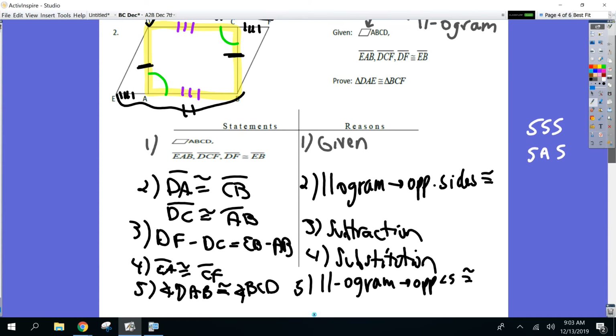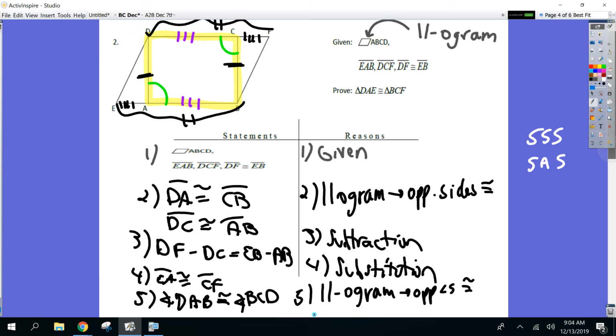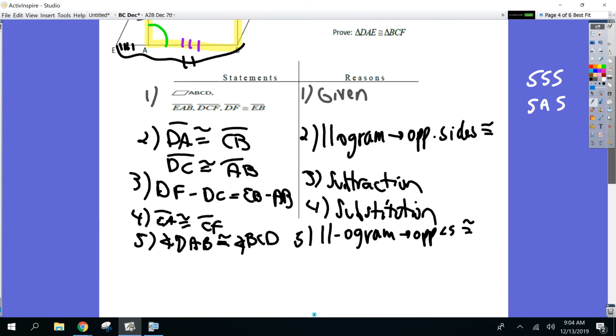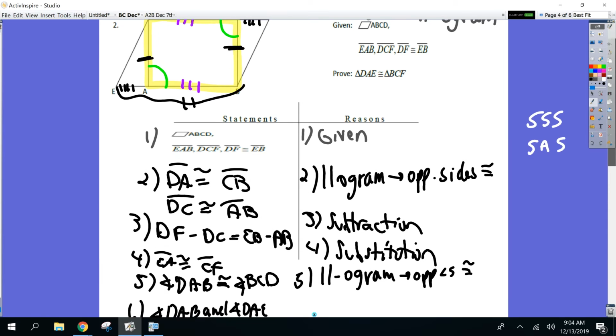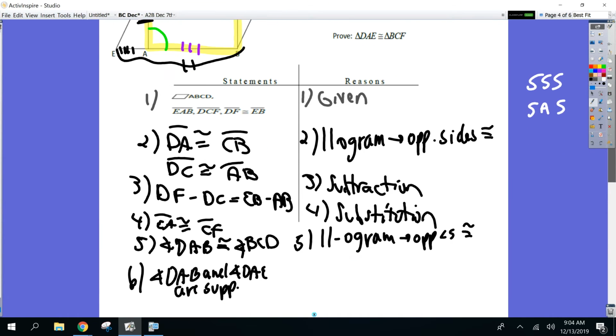So, oh boy. DAB and DAE. And what's the other pair up there? BCD and BCF.